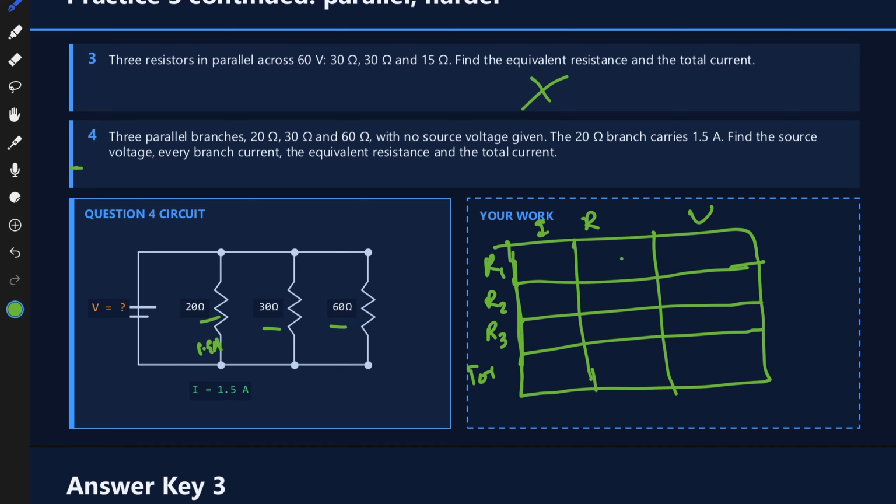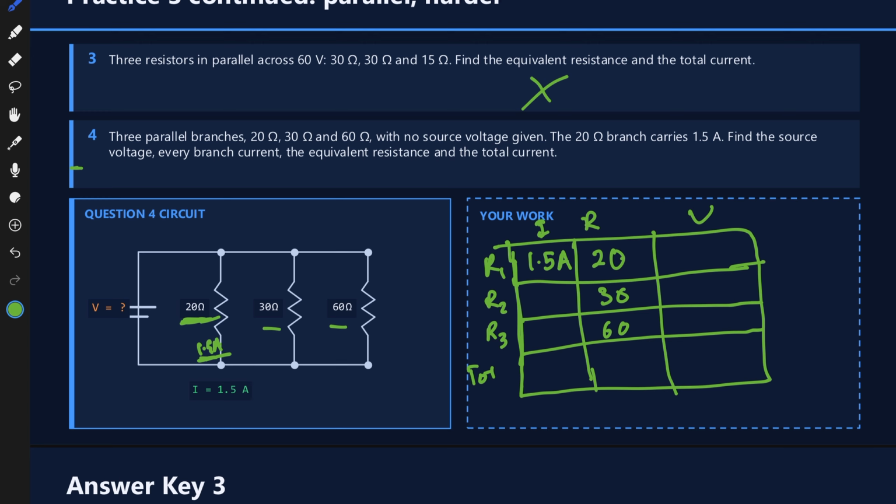So the resistance, we can fill that here. One is 20 ohms, the other one is 30, other one is 60. So now how do we find resistance total? Or actually, let's fill out what else we have. The current, or I, flowing through the 20 ohm resistor is 1.5 amps.